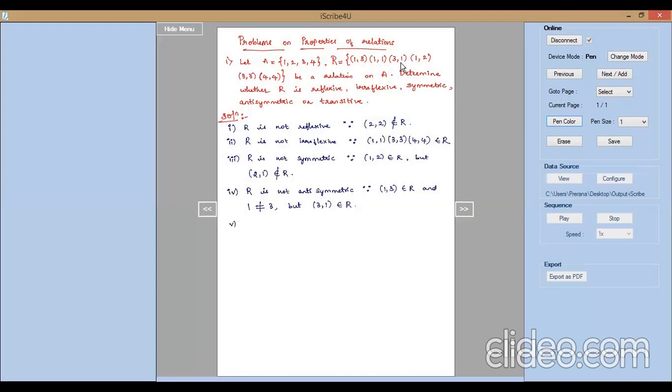Fifth one, or the last one, is for transitive. We have to check whether the relation R is transitive or not. Let us recall the definition for transitive relation.